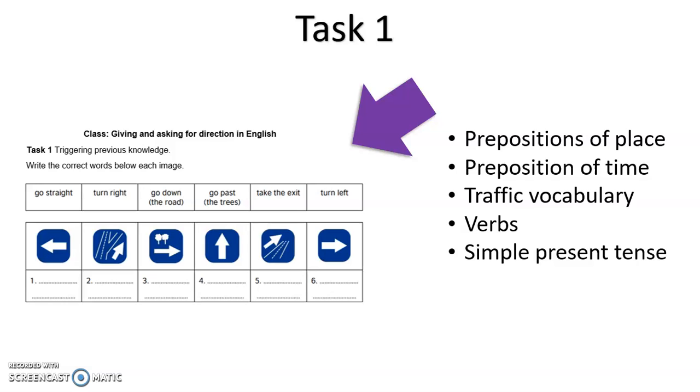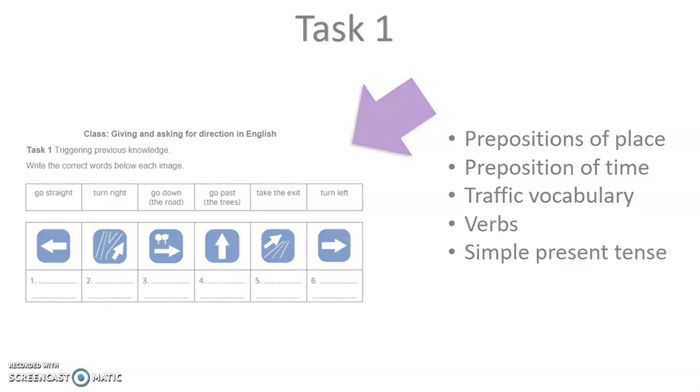I also want to remind you that prepositions of place, prepositions of time, traffic vocabulary, verbs, and simple present tense are grammar functions and structures that are going to be needed to fulfill these tasks and to learn about giving, asking, and following directions. Okay?